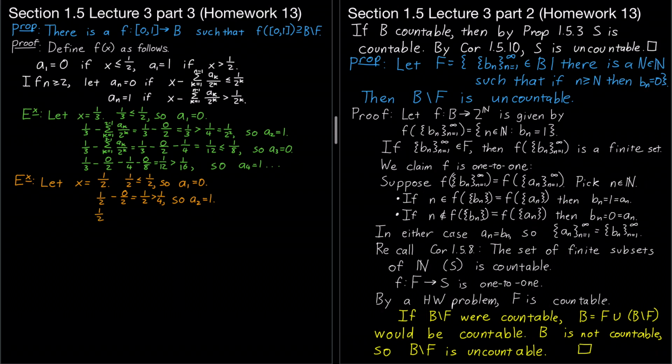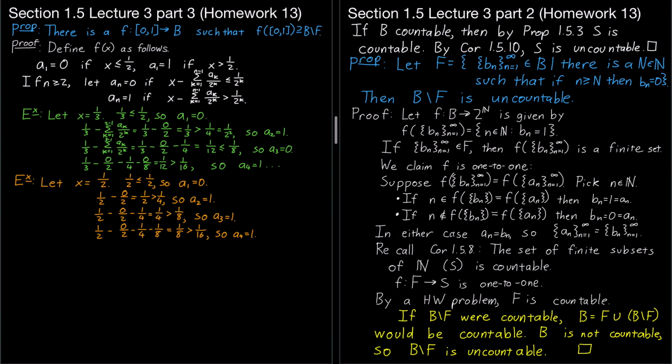A half minus 0 halves minus 1/4 is 1/4, which is bigger than 1/8. So a3 is 1, and so on. And you'll notice in this particular case, we're just going to get a sequence of 1s forever.